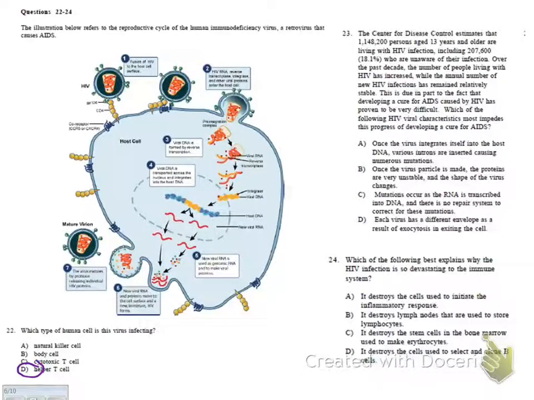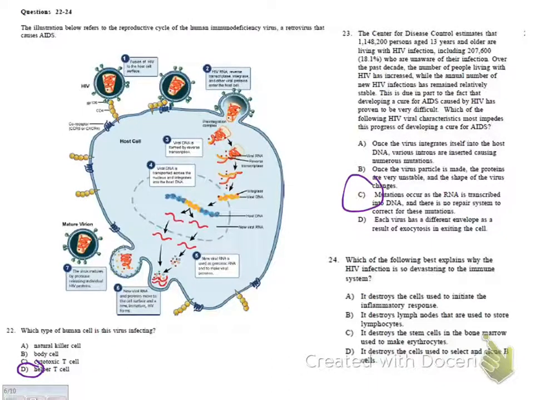Okay, the next question, it says 23, talking about which of the following HIV viral characteristics most impedes the progress of developing a cure for AIDS. So which of them is best for developing a cure? The correct answer is C. Mutations occur because HIV mutates so fast. They can't find a cure for it.